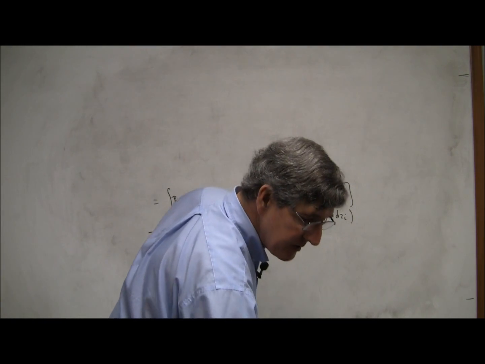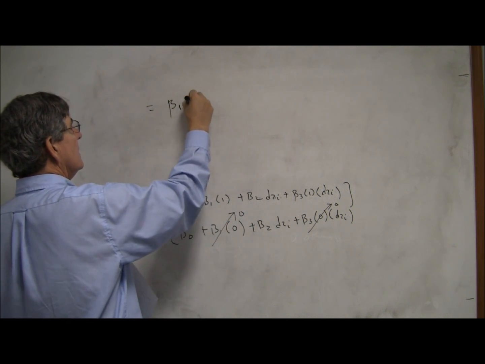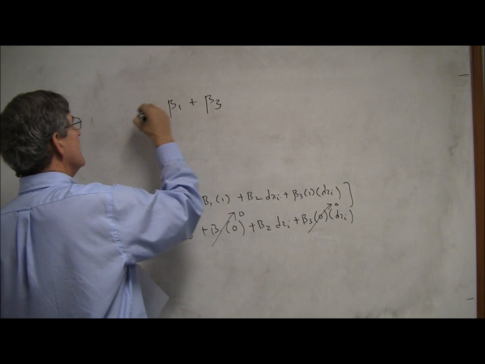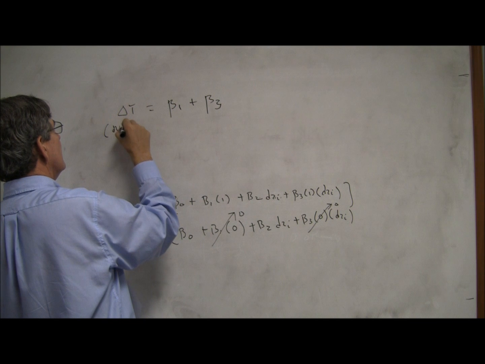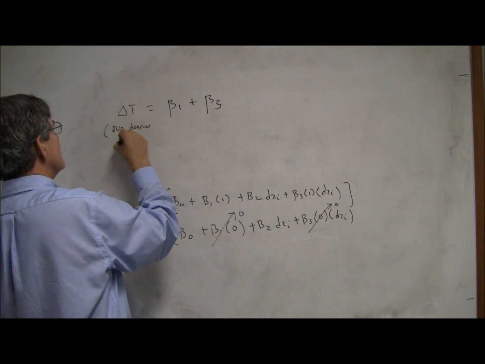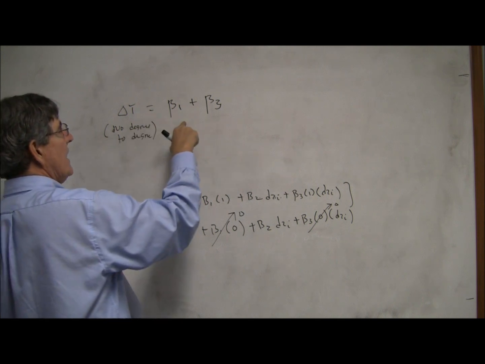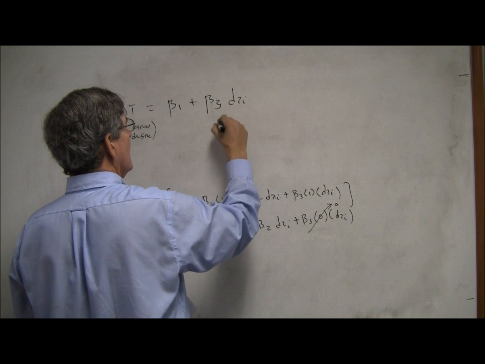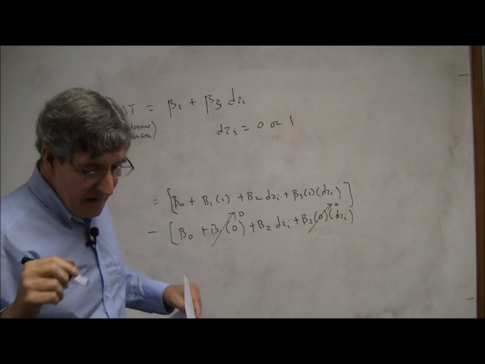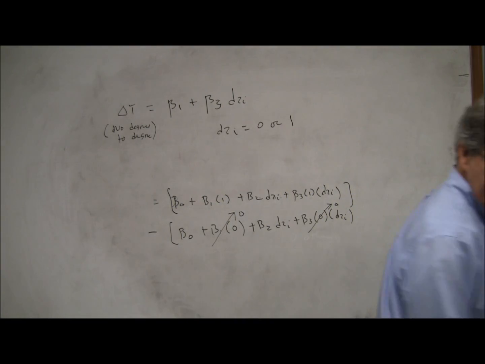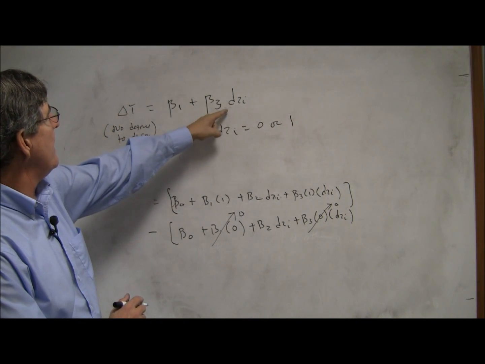So what this difference turns out to be is equal to beta 1 plus beta 3 d2i. So the change in y from no degree to degree is equal to beta 1 plus beta 3 d2i, where d2i is 0 or 1. So the effect of a degree in this model, because we have that interaction term, depends upon whether you're a male or a female.